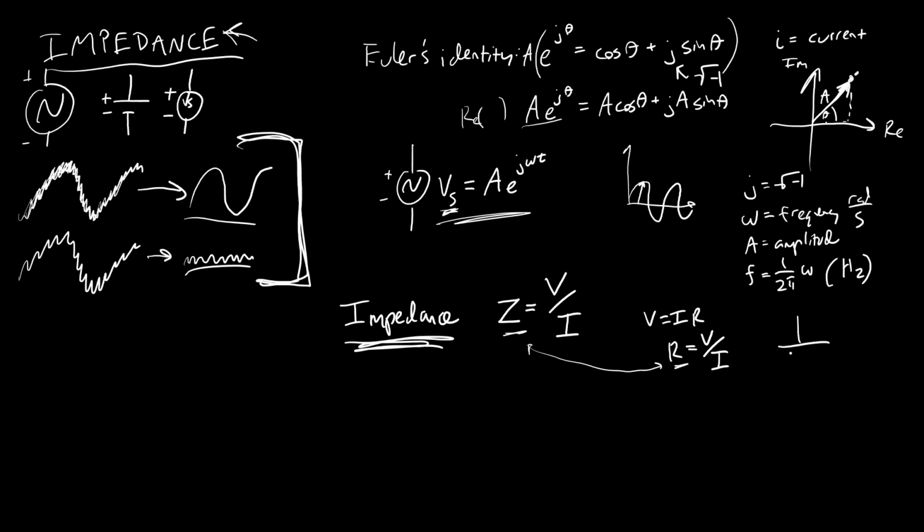But remember, we also have capacitors and inductors that we have seen in previous videos, and these don't have resistance. They have capacitance and inductance. So what we'll see is that we can also define this ratio of voltage to current for capacitors and inductors, and sneak peek, for capacitors and inductors, that impedance is going to be frequency dependent.